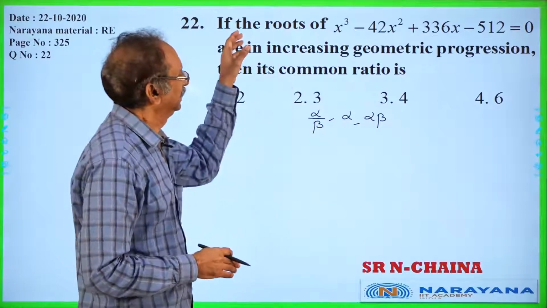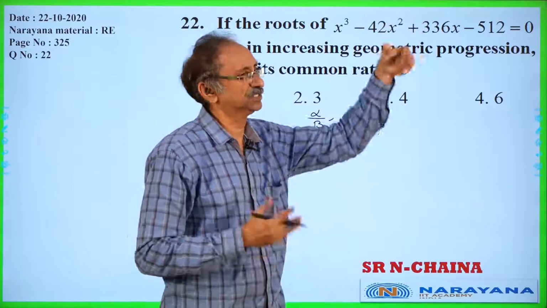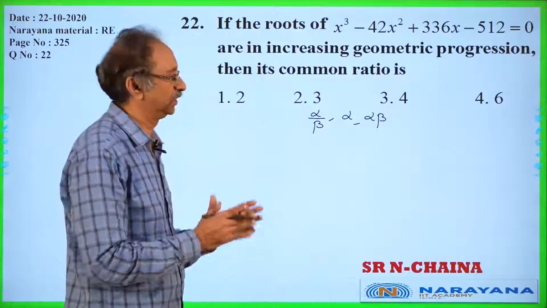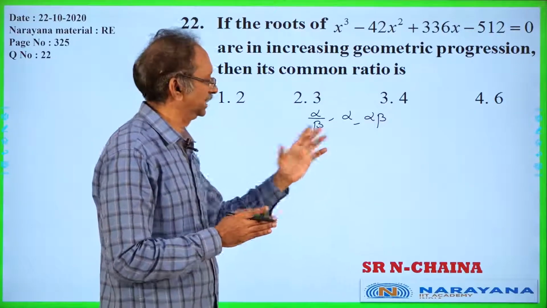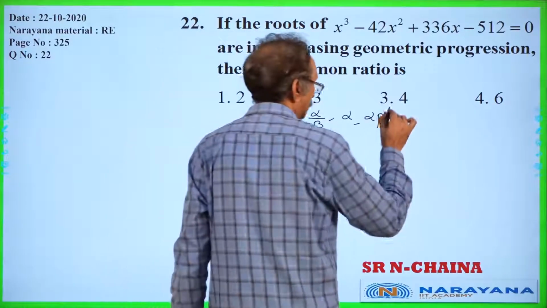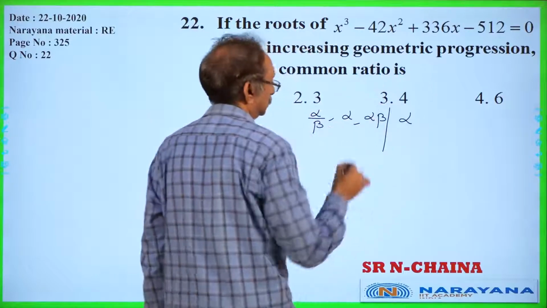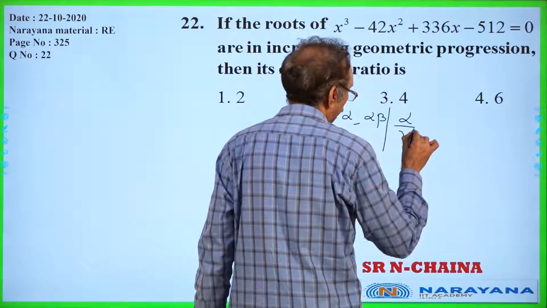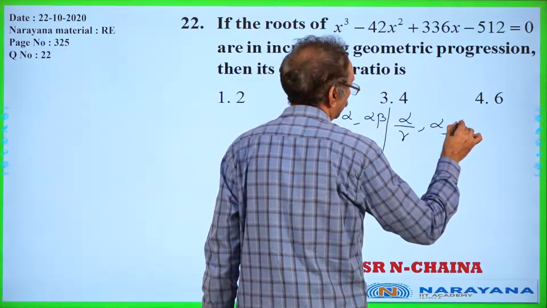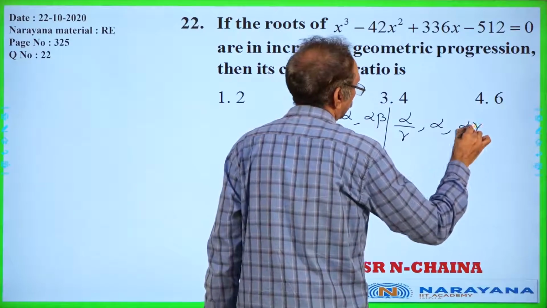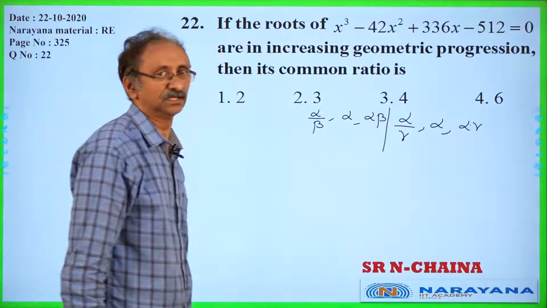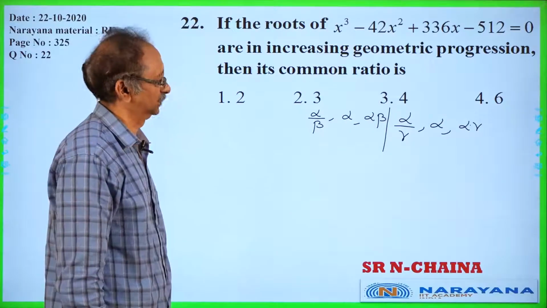But here in this equation the coefficient will be r. That's why, so without confusion, you will take like this, or you can take r also. There is no r, therefore I can take alpha by r, alpha, alpha into r. So these are the roots of that cubic equation.